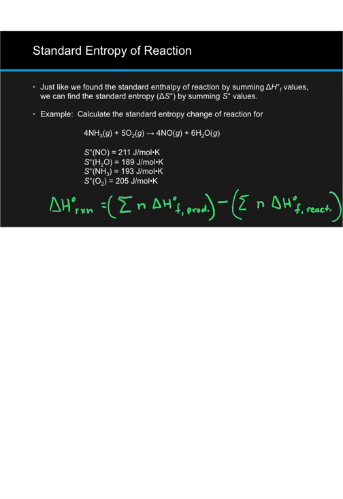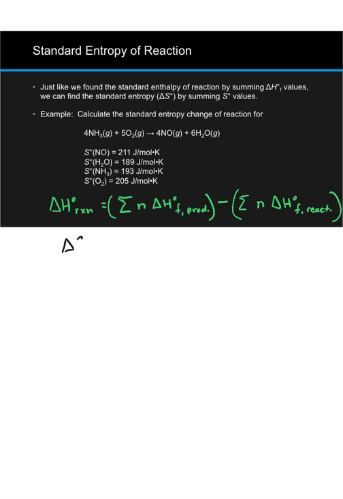We can do something similar with entropies. If we know the standard entropy or the standard molar entropy for all of our products and all of our reactants, we can calculate a standard entropy change.